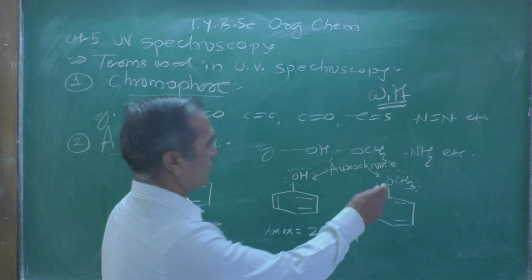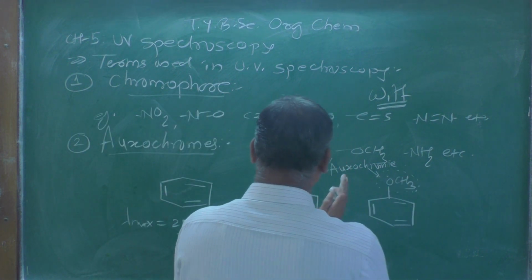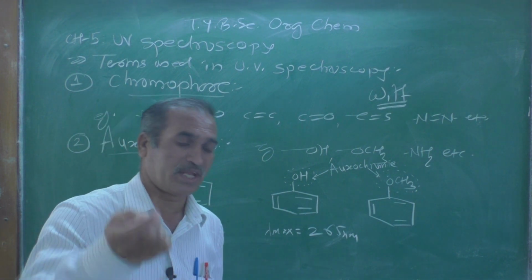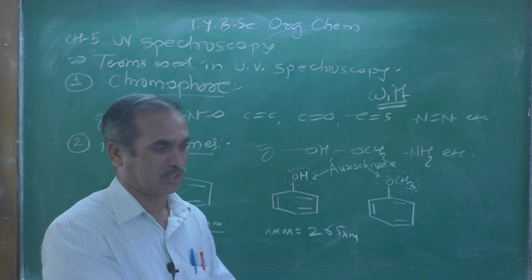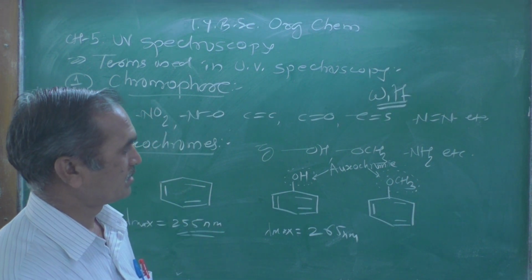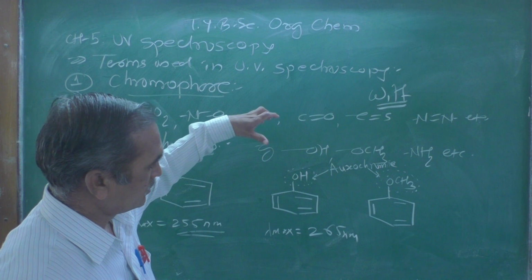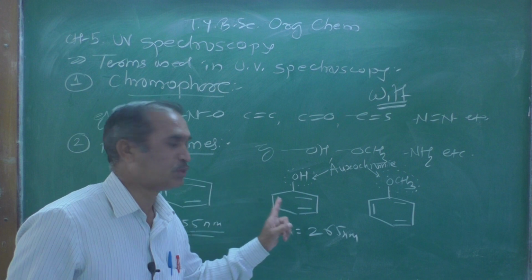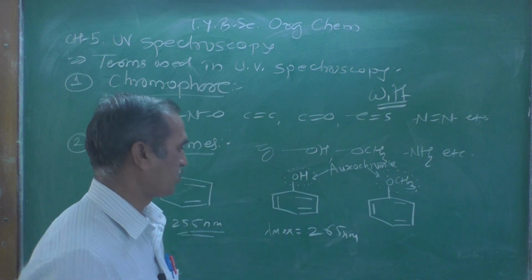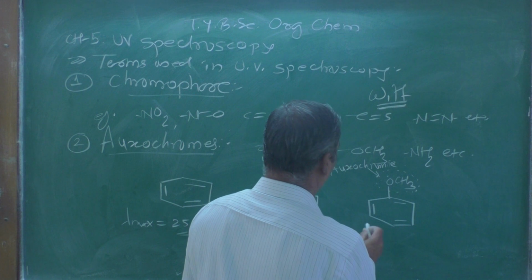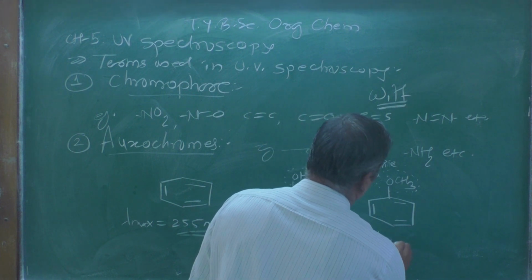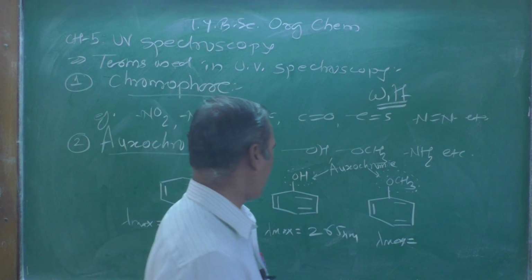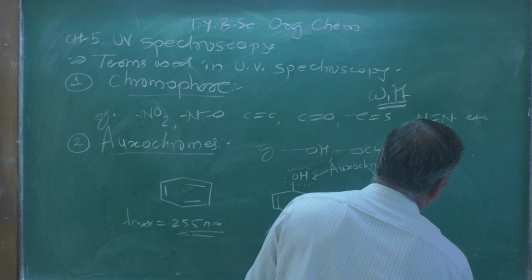Now if you see over here, benzene, as we know, is 255, that is a constant, but there is an increment, there is an addition of lambda values due to the presence of auxochromes, and therefore in this case lambda max will be observed at 270 nanometer.